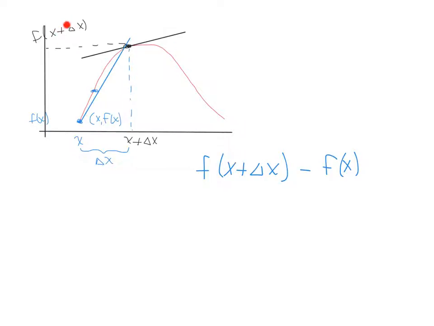I got my y sub 2 minus my y sub 1 over my x sub 2 minus x sub 1. And my x sub 2 in this case is x plus delta x minus x sub 1, which is just x. So these two on the bottom end up canceling out, this x and this minus x. So I just have f of x plus delta x minus f of x on top over delta x.